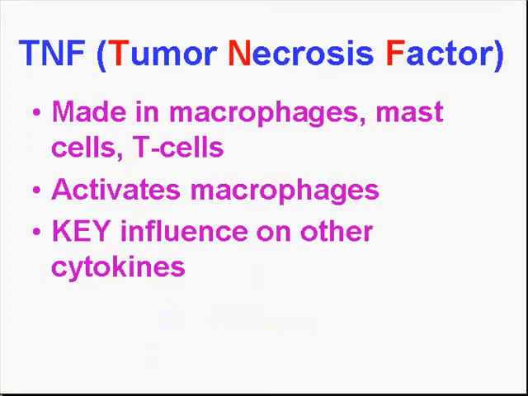Let's talk about tumor necrosis factor, one of the most widely studied cytokines or growth factors, if you want. In this case, it's made by macrophages, and it also activates macrophages. So this is autocrine, isn't it? And it has a key controlling influence on other cytokines.